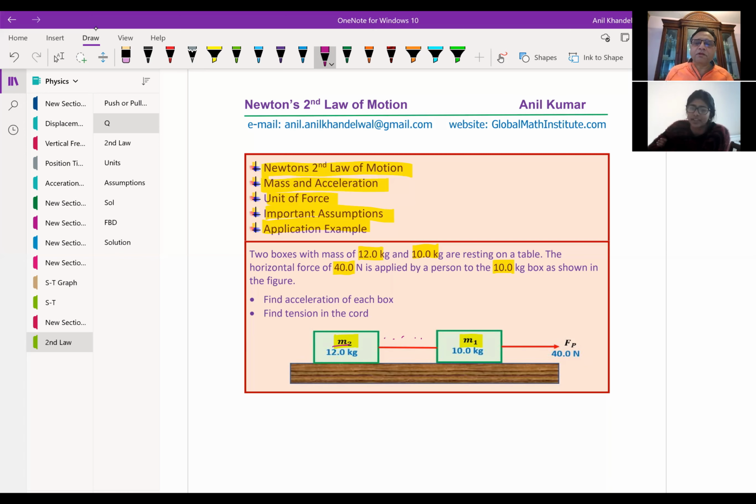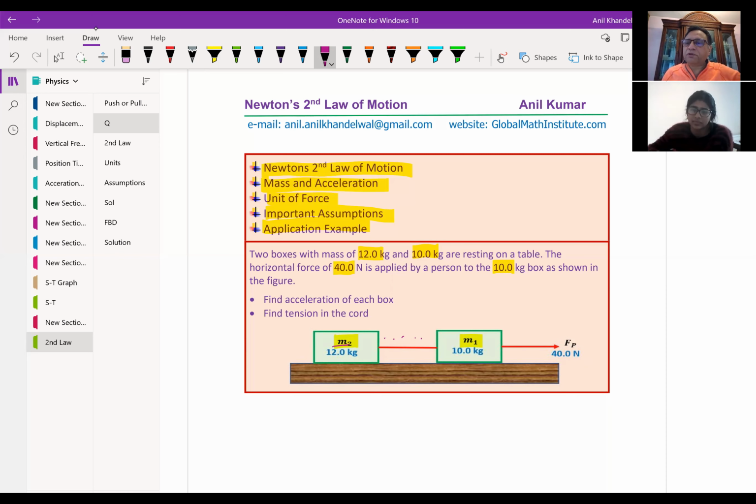Now, nothing has been mentioned about the friction. So we'll assume that there is no friction between the box and the surface. Also, unless they state otherwise, you just assume there's no friction. As you can realize now, with every question, there are a lot of assumptions which you need to write down.